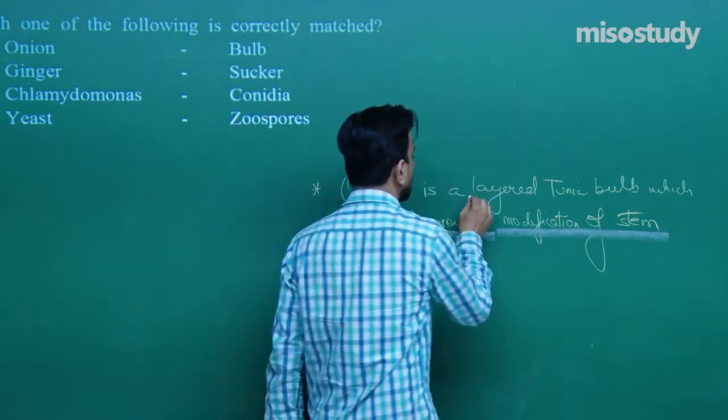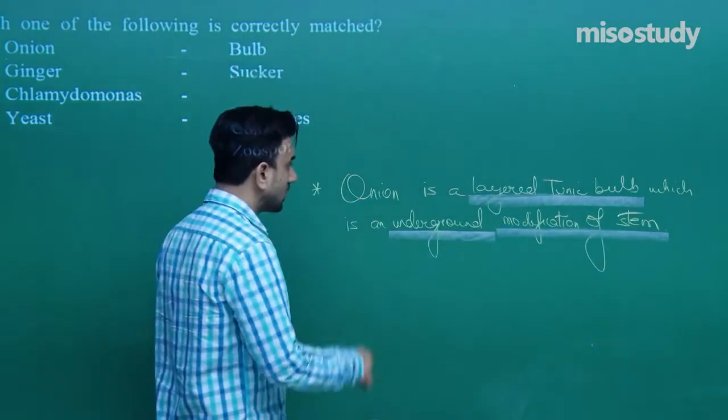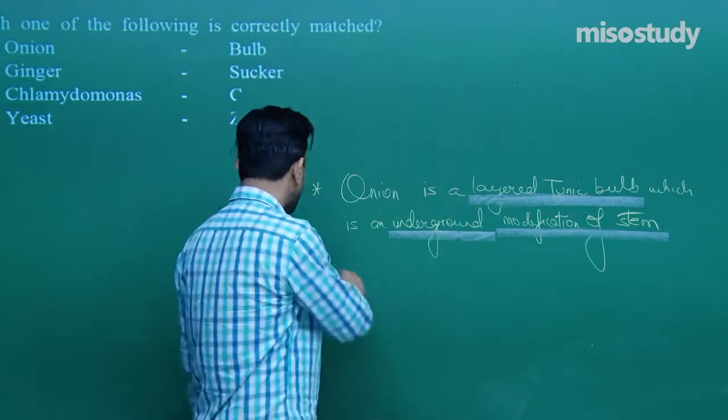So onion is a layered tunic bulb, which is an underground modification of stem.